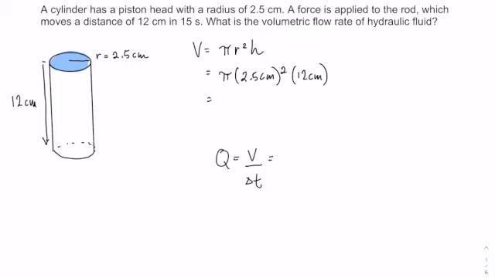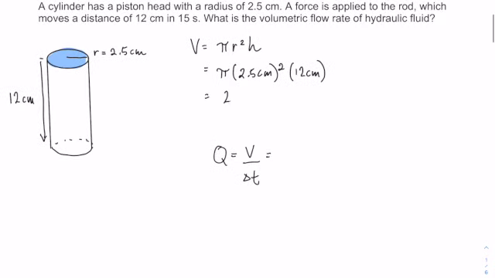If we carefully punch this into our calculator, we have 2.5 squared times pi times the height of 12 centimeters. We end up with 235 centimeters cubed.